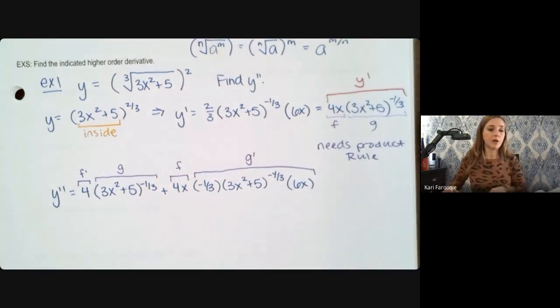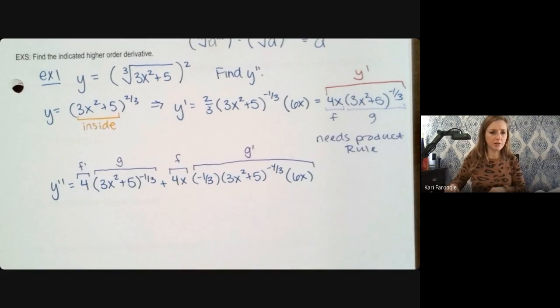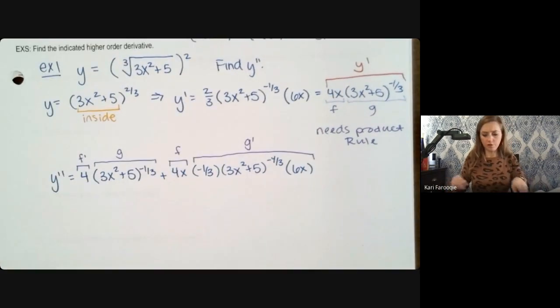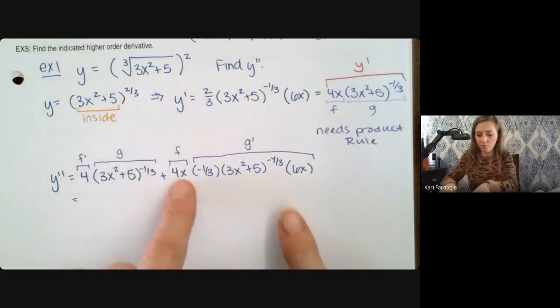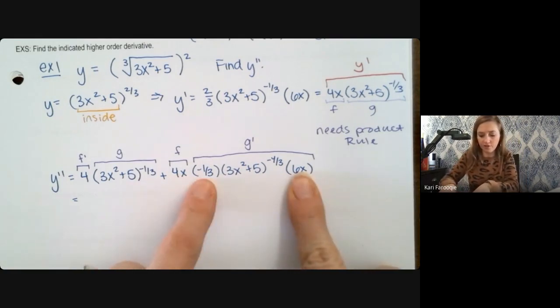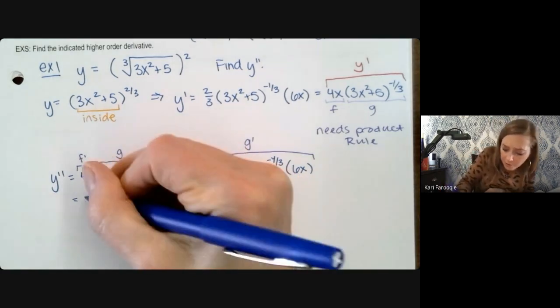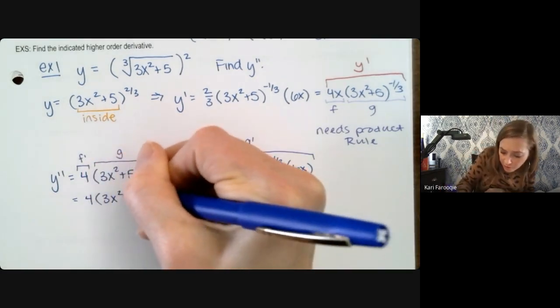So there's a lot going on here. We'll simplify it a little bit. There are a few different things that we can do here to make this look tip-top. One thing I would definitely do here at first is to just multiply 4x, 6x, and negative 1/3 together to just simplify these quantities. I'm going to leave the first term as is for right now.